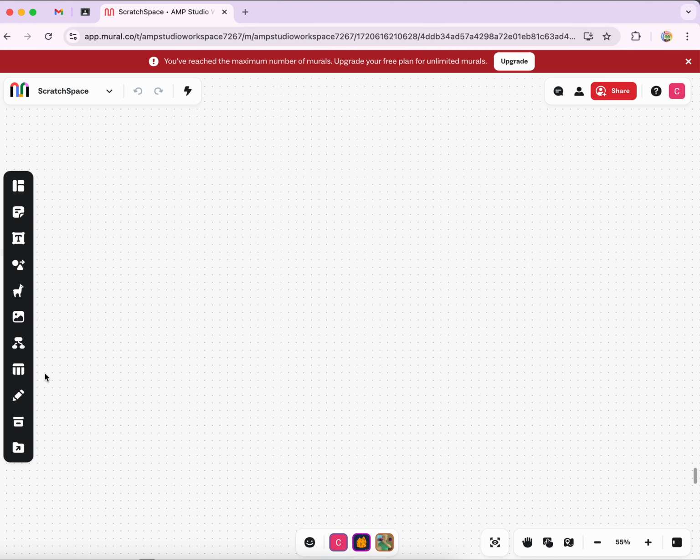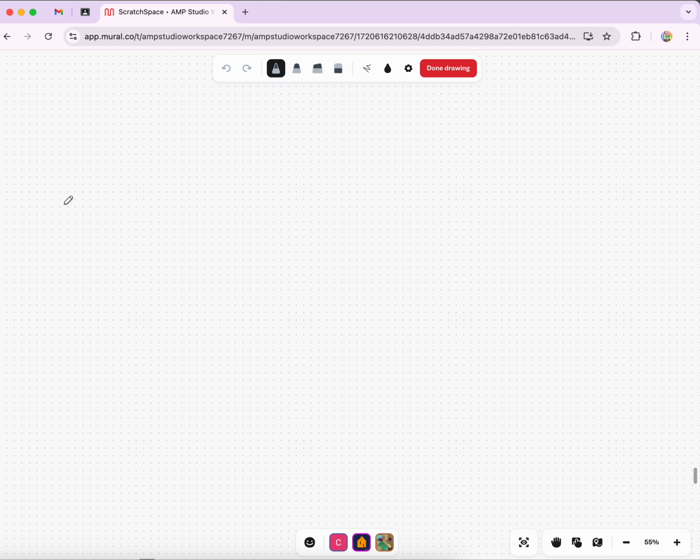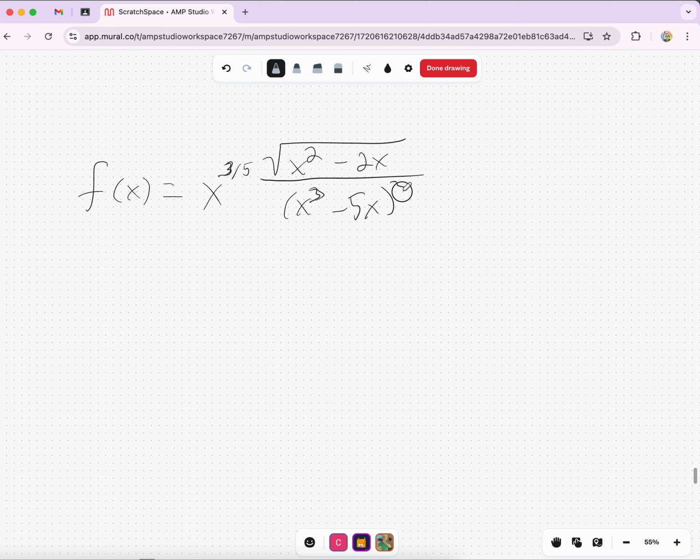All right, let's do a really complicated one, or one that looks really complicated, but we'll see it's actually not too bad. So we'll do f of x equals x to the 3/5 power times the square root of x squared minus 2x over x cubed minus 5x cubed.